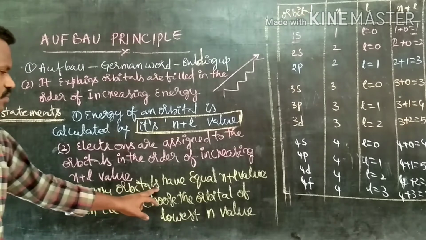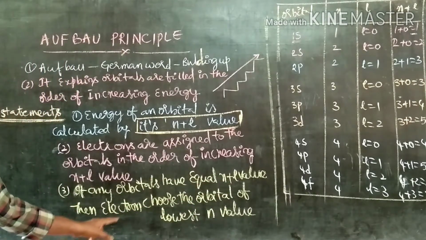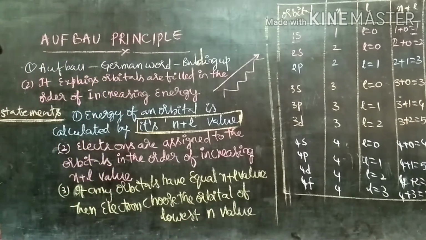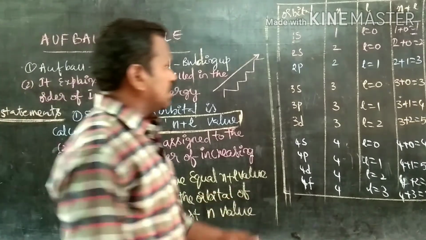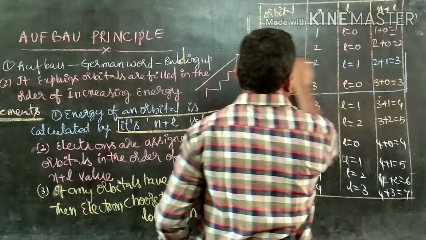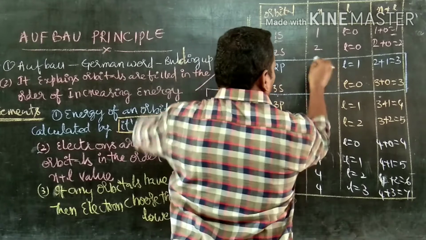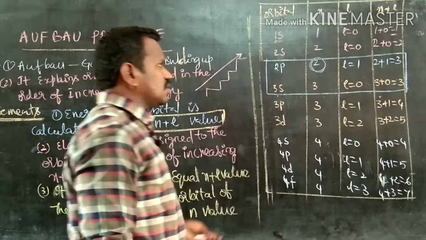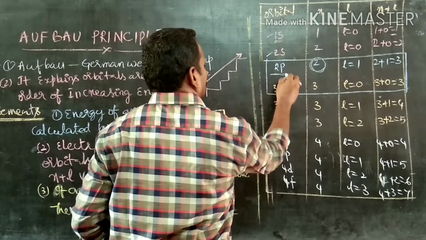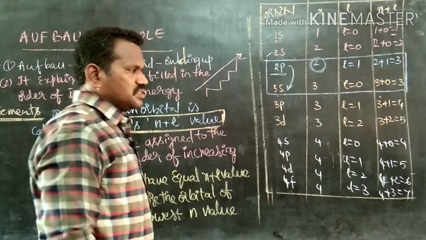If any two orbitals have equal n plus l value, then the electron chooses the orbital of lowest n value. In the case of 2p and 3s, the energy is the same, but the lowest n value is for 2p. So after 1s and 2s, the electron enters 2p, then after 2p, it enters 3s.